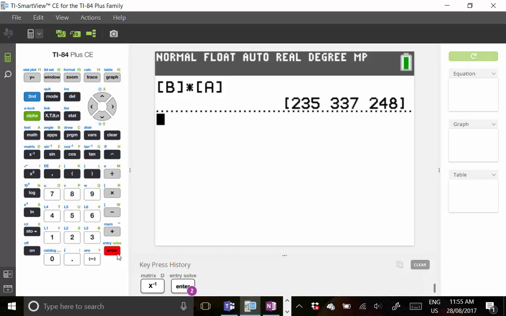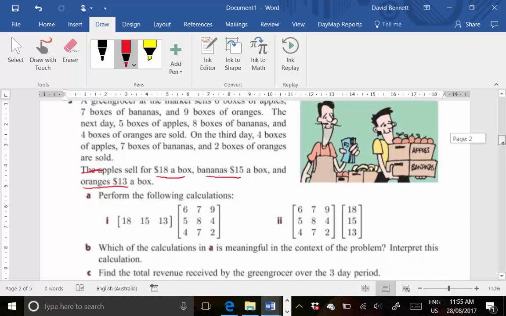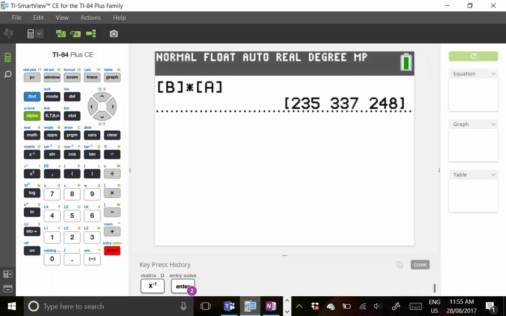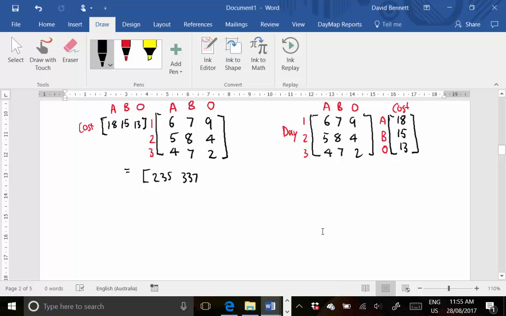We've got 235, so let's write that down. That's going to be equal to 235, 337, and then the last one worked out to be 248.